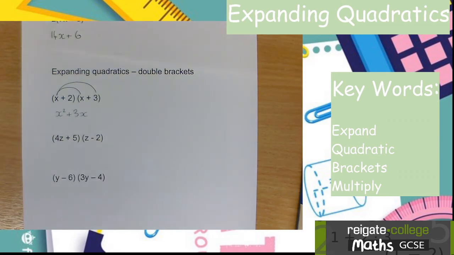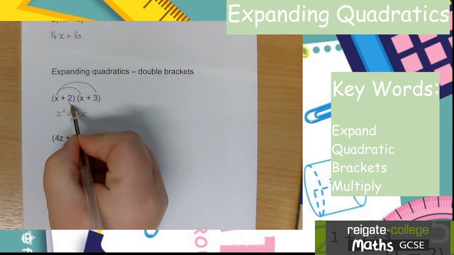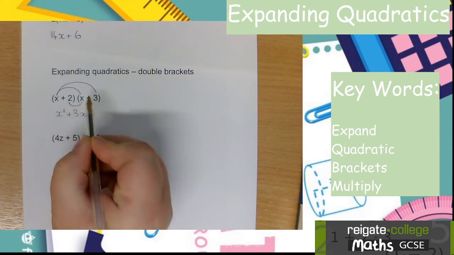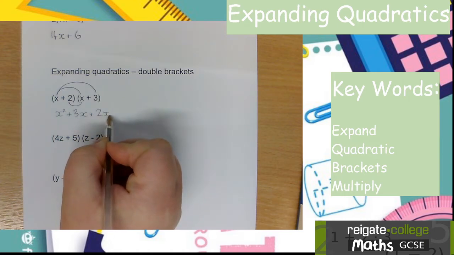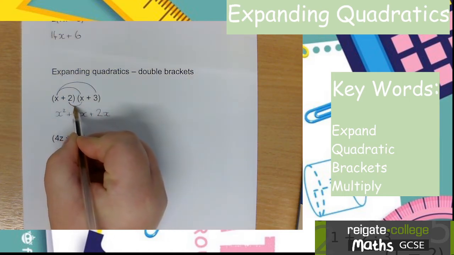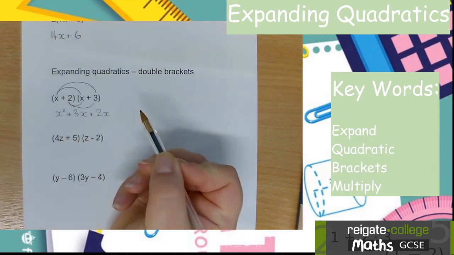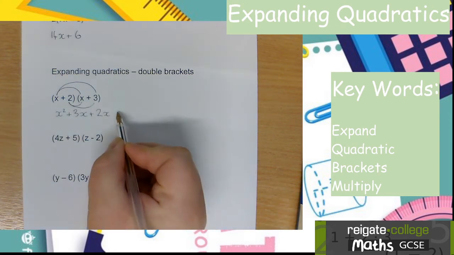So that's everything multiplied by the first term. I'm now going to go through the same process and multiply it by the second term. So the 2 multiplied by the x, that gives me 2x. And lastly, the 2 multiplied by the 3, that gives me a positive 6.